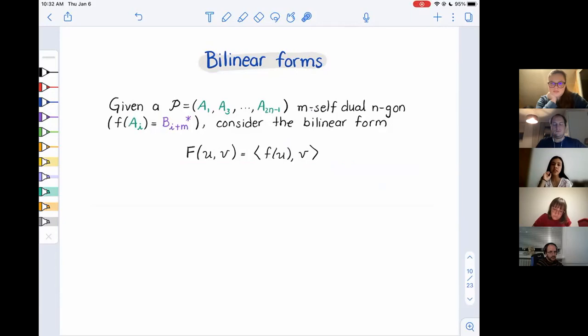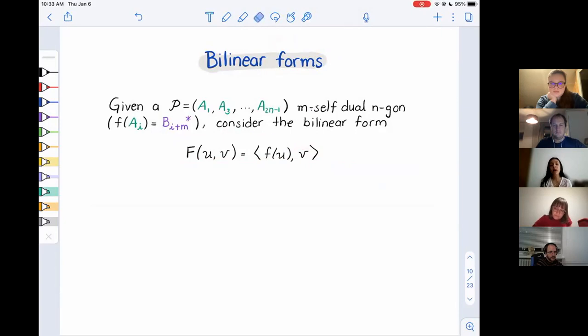What you can do is use that function to get yourself a bilinear form. So given this function f, I get a bilinear form of this form. This is going to be defined up to a scalar.